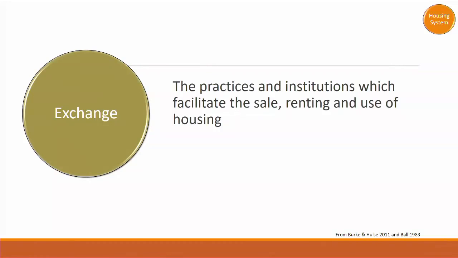But I think when we're talking about exchange in this space, it's easy to just say, okay, that's about banks and financial institutions and where the money comes from to produce the material. So we can talk about that. And there are very important things to understand about the financing of the production of housing, especially in terms of the different models of development.